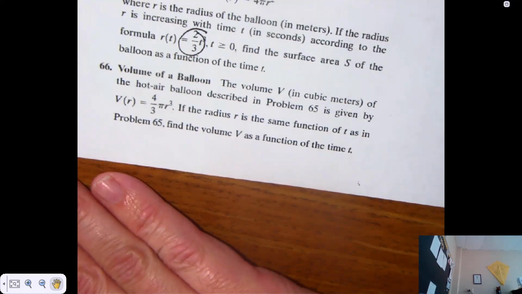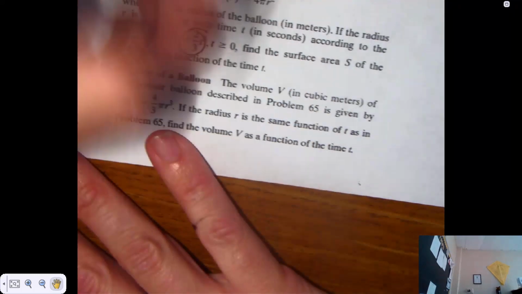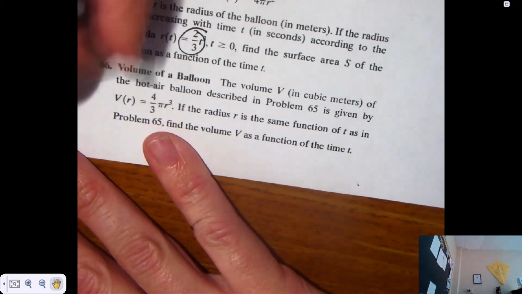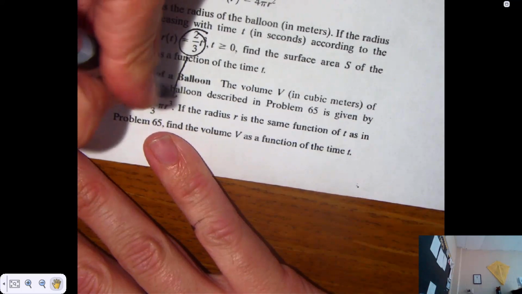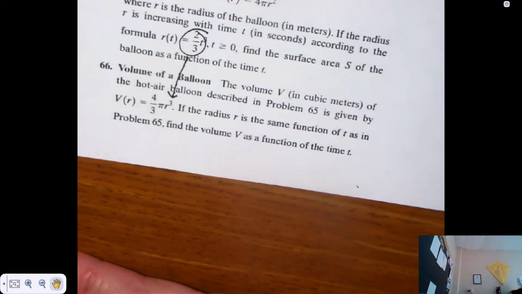Radius is 2/3 t squared. They want me to rewrite this thing as a function of t. So if I replace that r right there with that 2/3 t squared, isn't it going to be a function of t? Why do we say it's a function of t instead of a function of r? Because its variable is t.